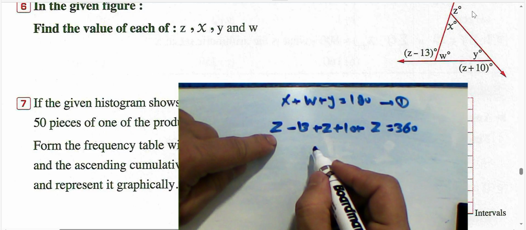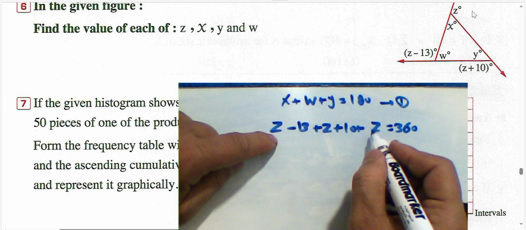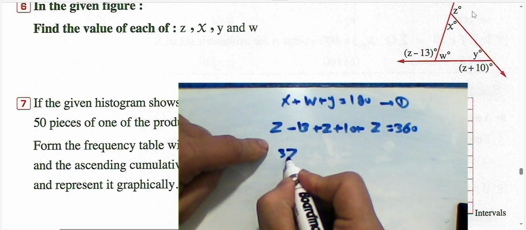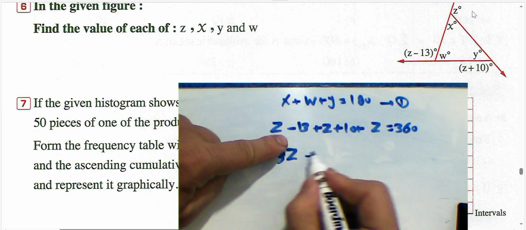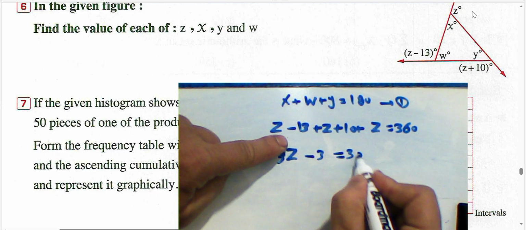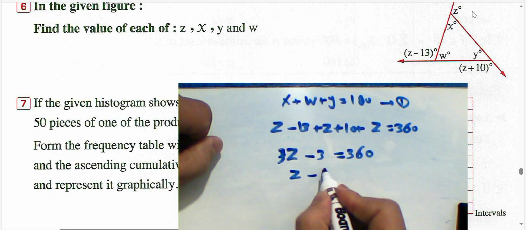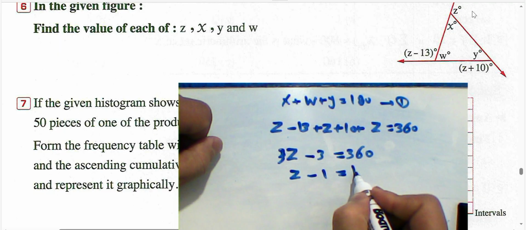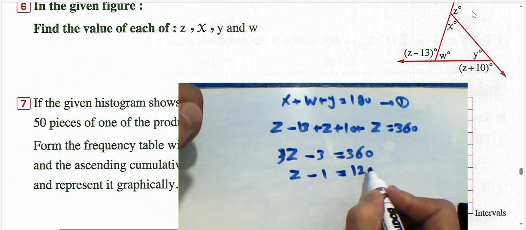We can simplify this here. Z, we have 3z. Negative 13 plus 10 equals negative 3, equals 360. Divided by 3, then z minus 1 equals 3 divided by 3, 1. 6 divided by 3 equals 2, and write 0.